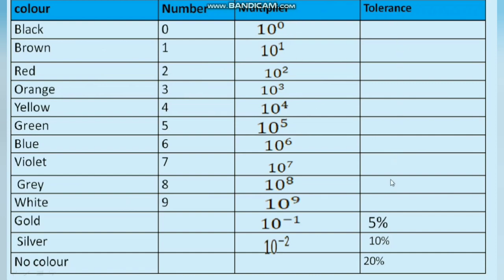The first colors do not have a tolerance, and the tolerance starts here. Gold has a tolerance of 5%, silver has a tolerance of 10%, and no color has a tolerance of 20%.